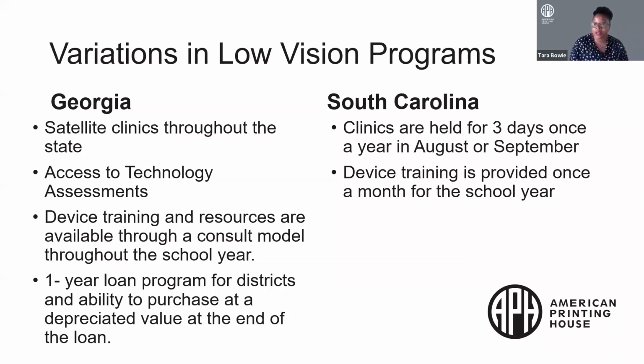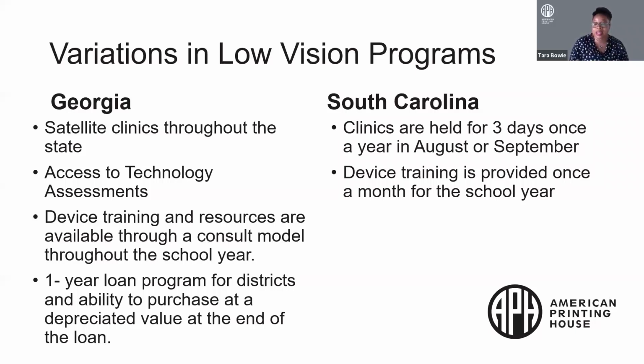We do go out to do those assessments, but a lot of them have been virtual. Once we see those students in our clinic, we have a pretty good idea of what our step 2 is. And so we can usually have those technology assessments virtually, but sometimes you just need to go out and see these students in person and be able to put the device in their hands and really see how things are working out through the school.